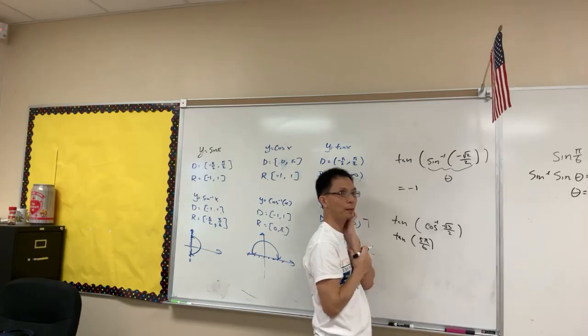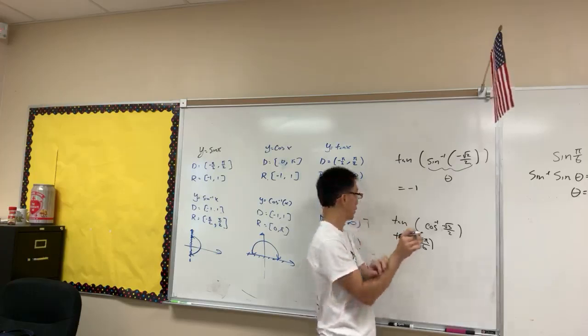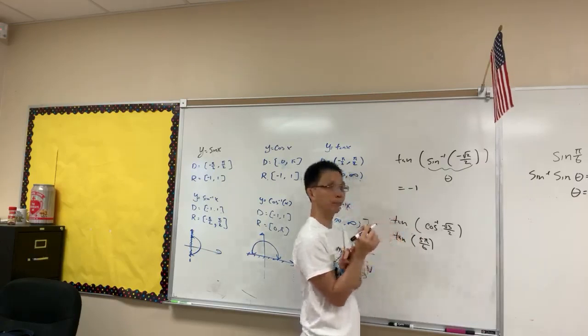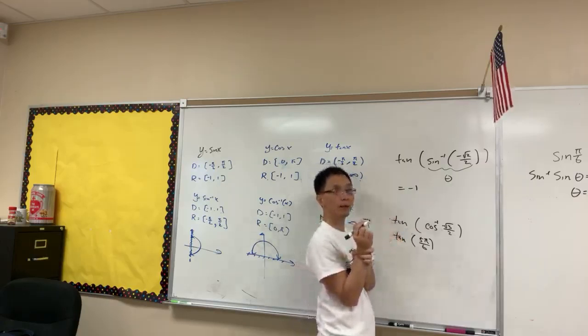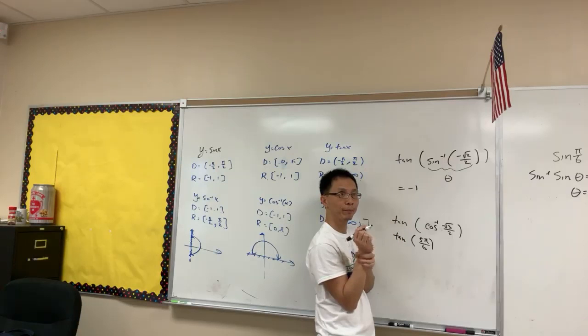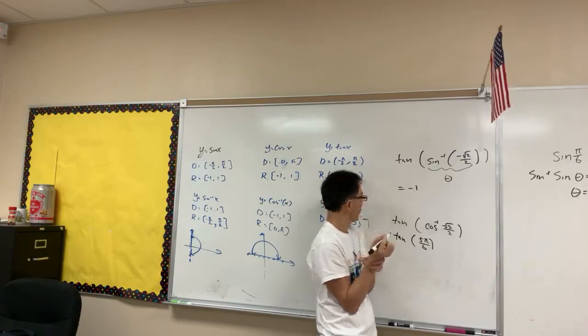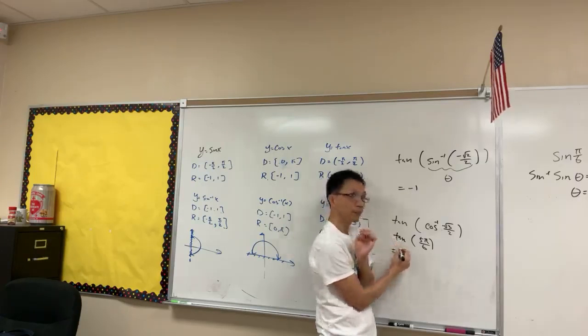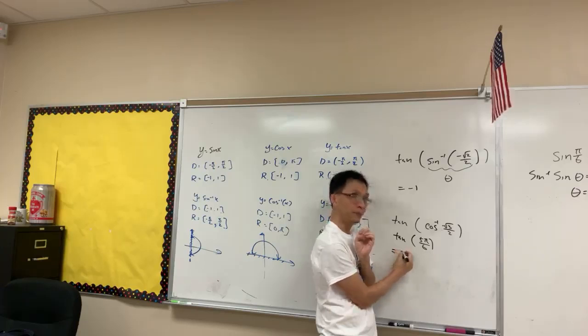So what's tangent of 5 pi over 6? The chart I gave you earlier will help you. Negative square root 3 over 2 is cosine x, and then with 5 pi over 6 you get the y.